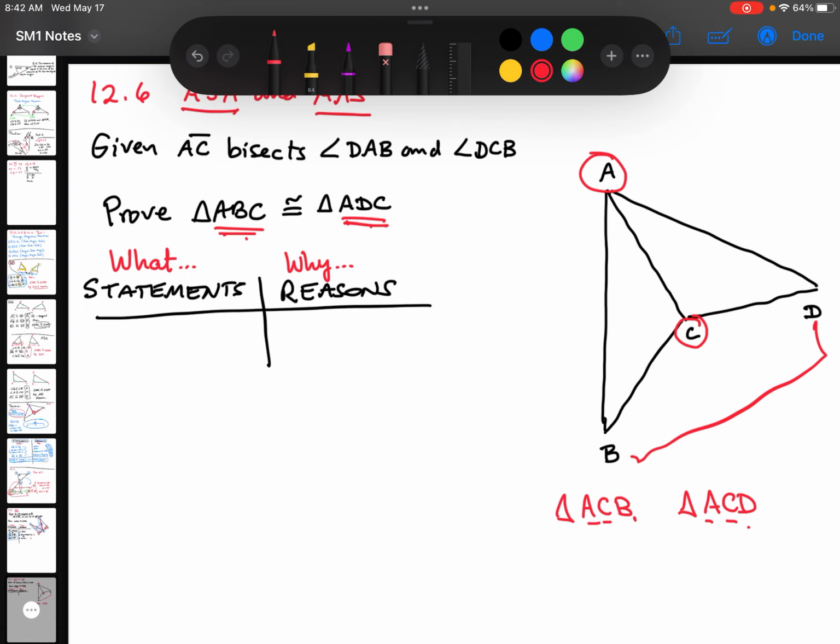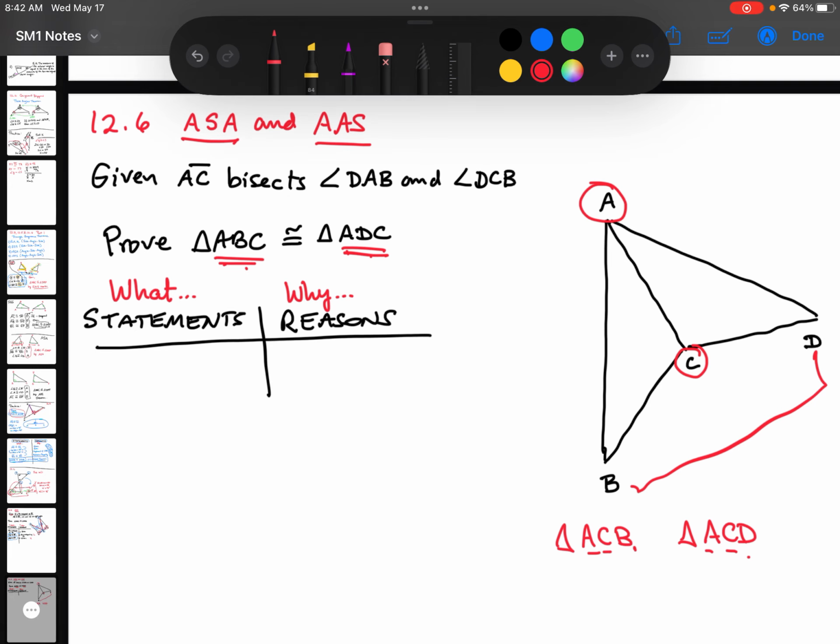What do you notice? Let's first take a look at the givens. The segment AC here in the middle bisects. Remember that bisecting means that you cut in half. In this case, it is bisecting the angles DAB and DCB.